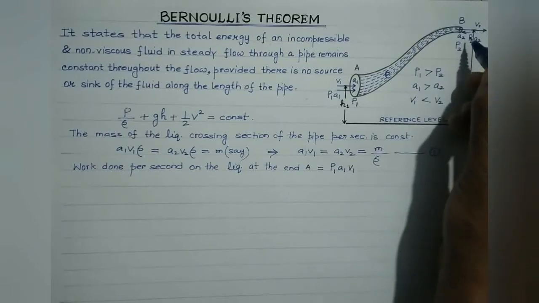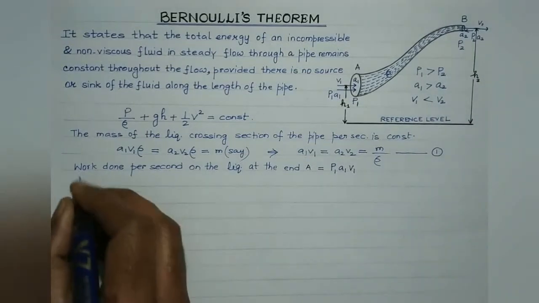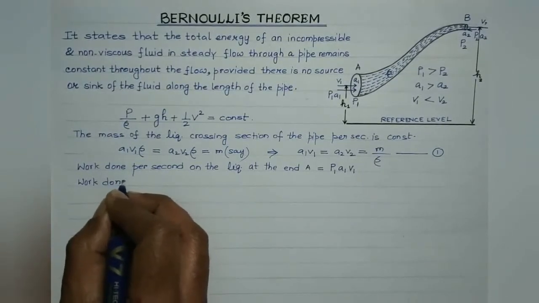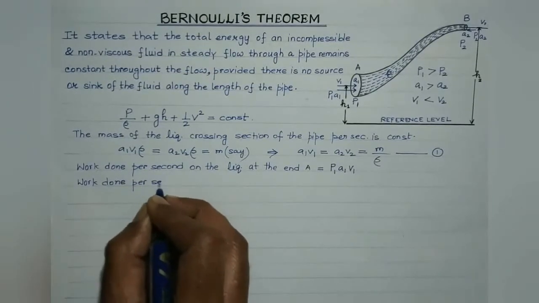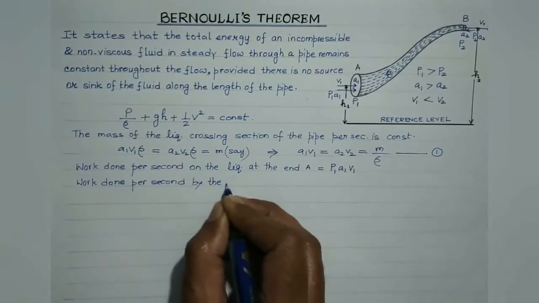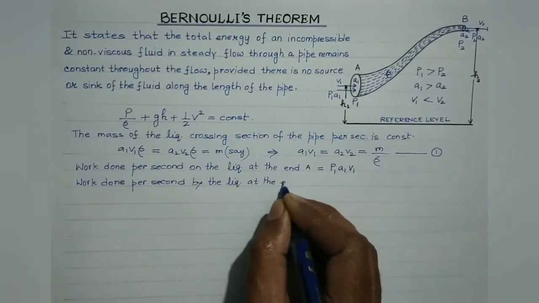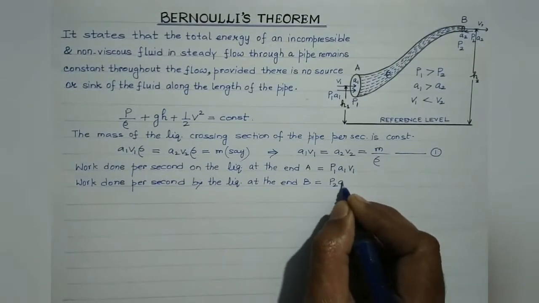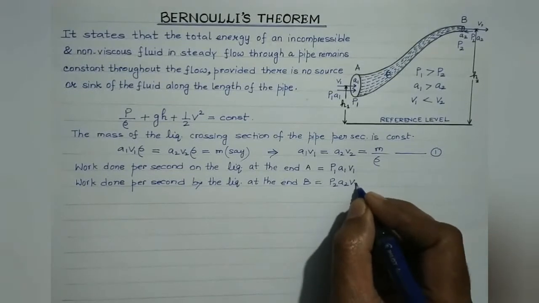At the end B, the liquid covers a distance V2 in 1 second, and therefore the work done per second by the liquid at the end B of the pipe is equal to P2 A2, this is the force, times the distance per second, that is V2.